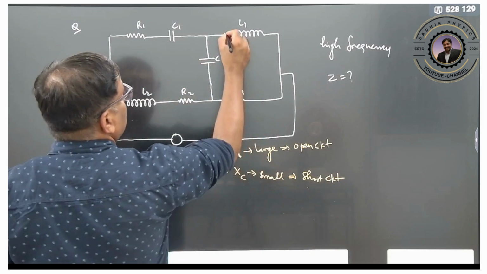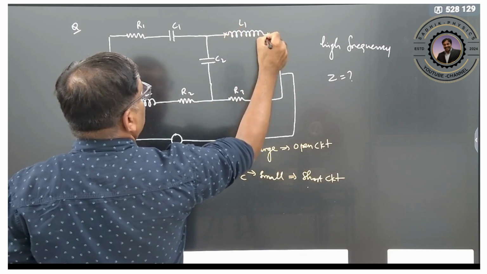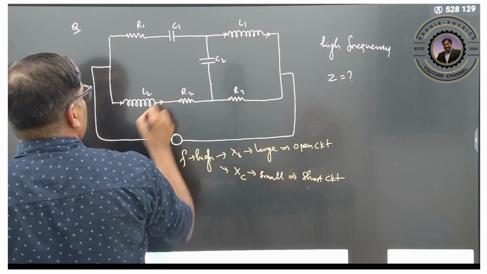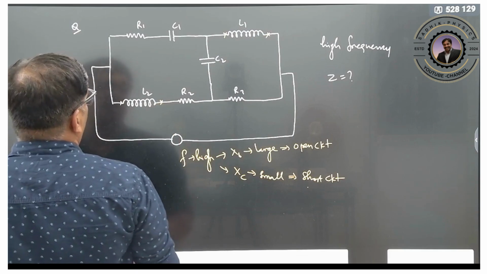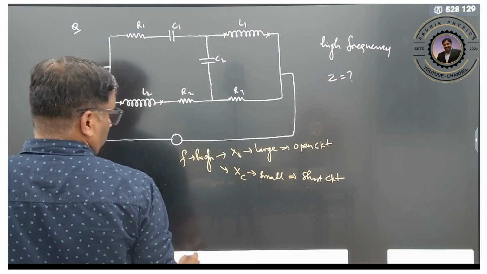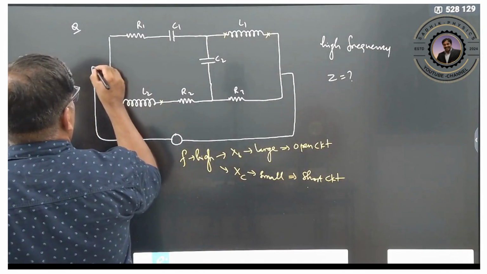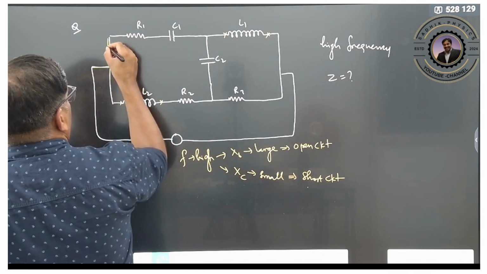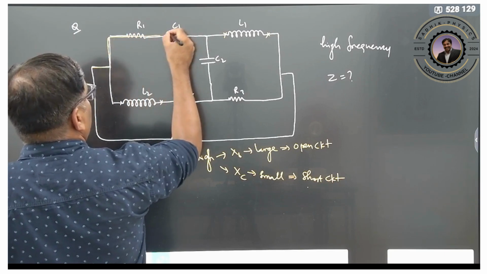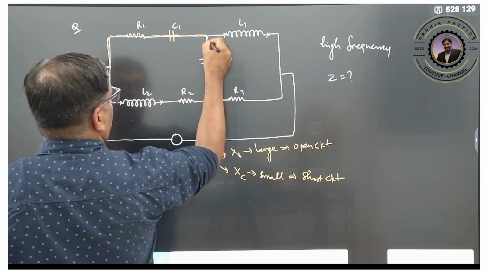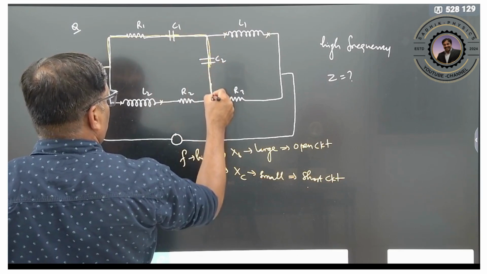Short circuit means what will happen? Open circuit means this inductor is not there, it is like an open circuit. So how will the current flow here? The current will flow from here, and because this is an open circuit, it will go here. This is a short circuit only. The capacitor is also a short circuit only, so it will go here, it will not come here.